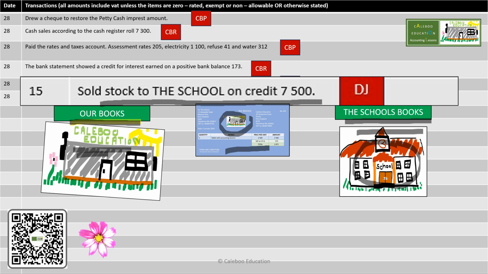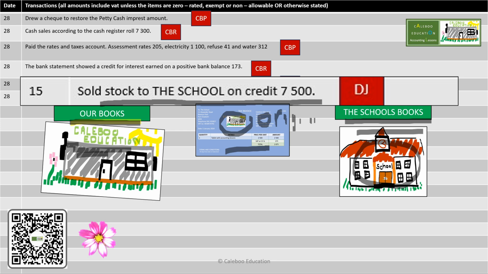Calibre Education issues the O for original document to the school. Calibre Education keeps the duplicate.